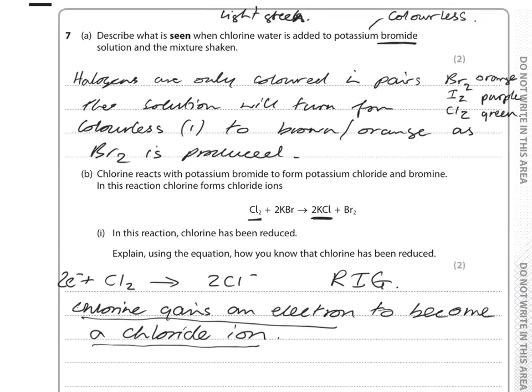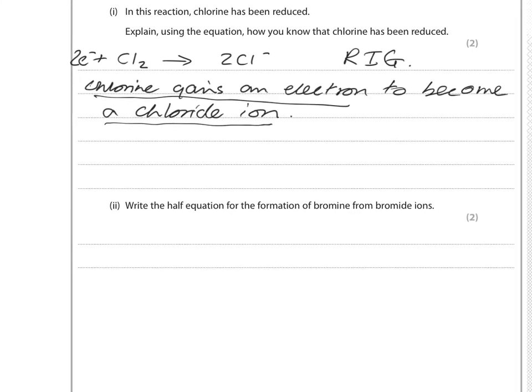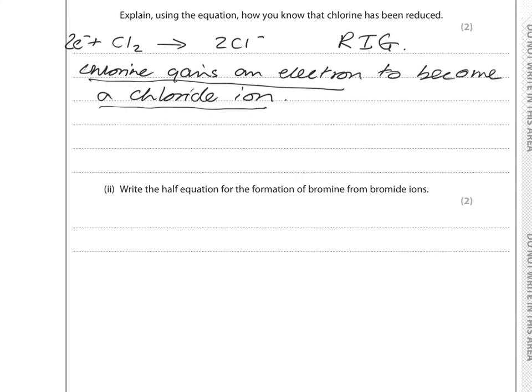Now the last part, write a half equation for the formation of bromine from bromide ions. Many of you got this round the wrong way actually. It says formation of bromine from bromide ions. So I'm going to start off with bromide ions, Br minus. I'm going to make bromine, Br2.